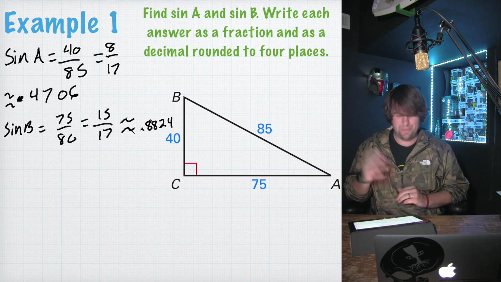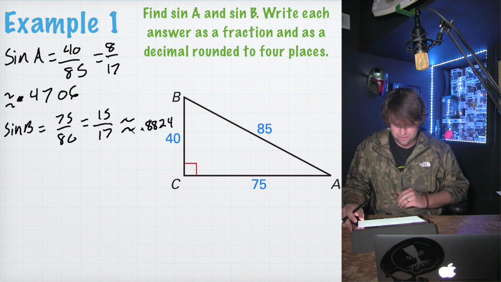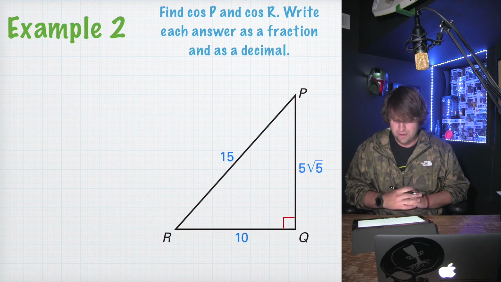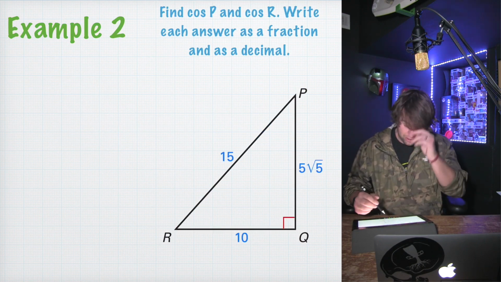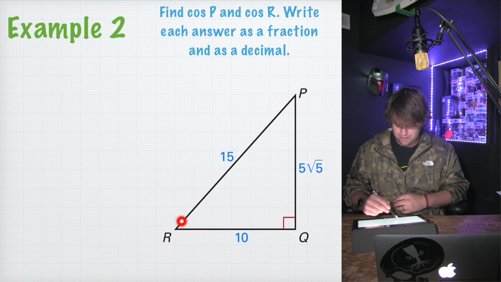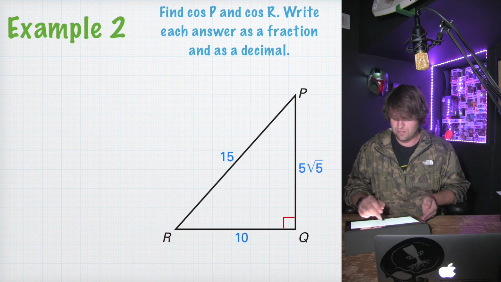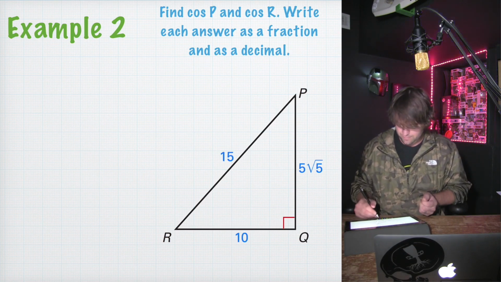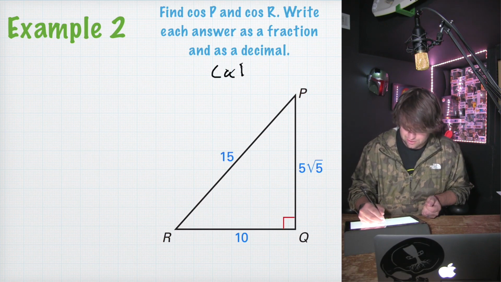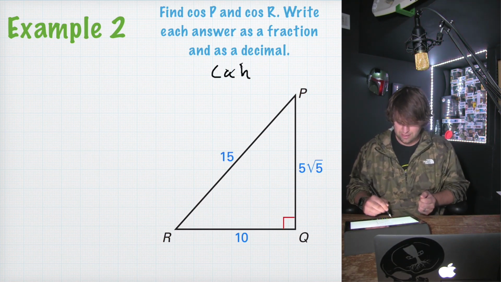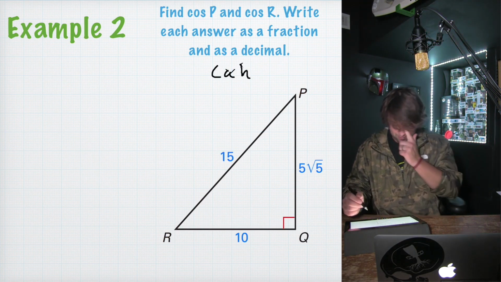This is a pretty long lesson, so we're just going to keep on cruising. Find cosine P and cosine R, and write each answer as a fraction and as a decimal. Cosine is adjacent over hypotenuse.